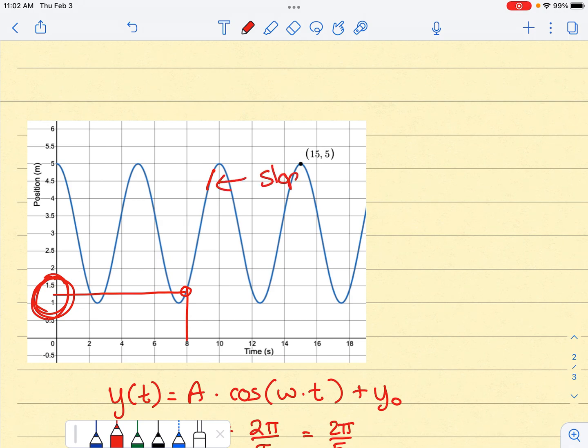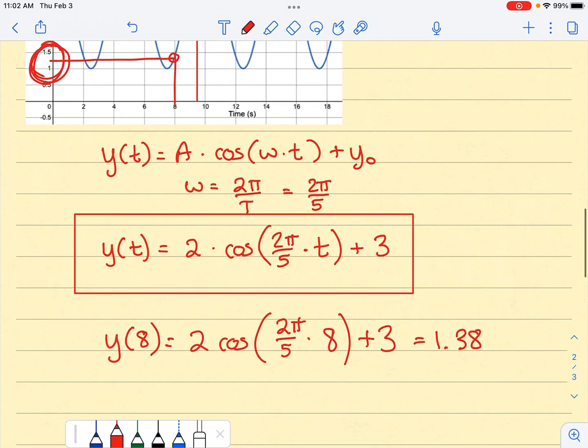So right here, the slope would be the velocity of the oscillator at this time. At that time t, you go a little bit before, a little bit after, find the position, and then you can find the slope, and that's the velocity. So the goal is to find the function.